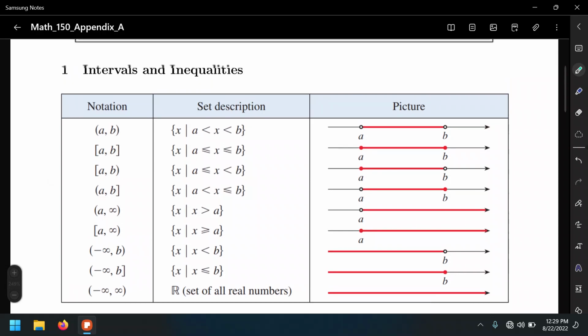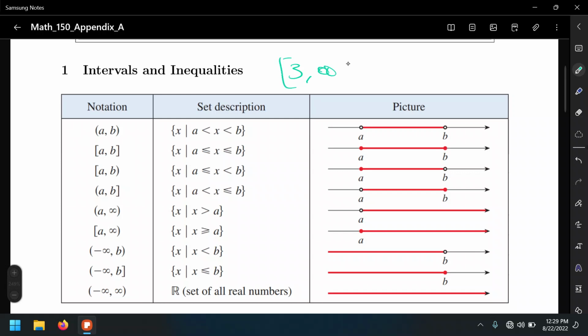For example, this set from 3 to infinity. So what is this set describing, by the way? Yes. That the answer set is from 3 to positive infinity. So every single number that is greater than or equal to 3, right? So 3, 4, 5, all the way to infinity.